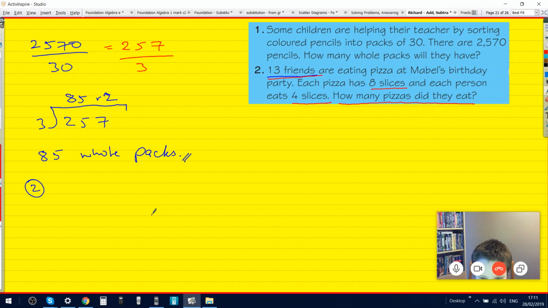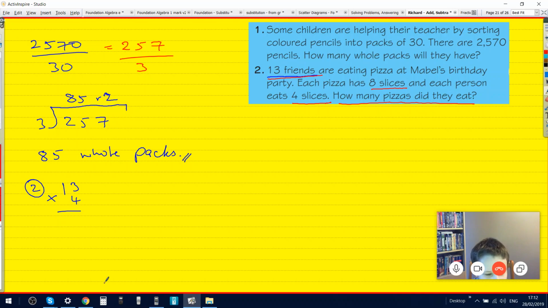It might be easier to combine the 13 and the 4. So 13 friends, 4 slices each. Well, we could do 13 times 4.